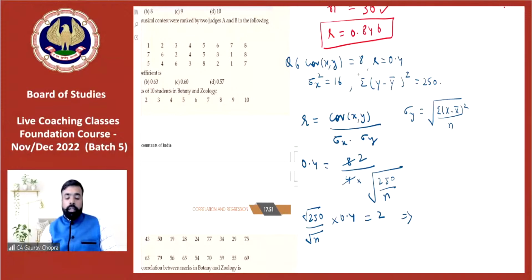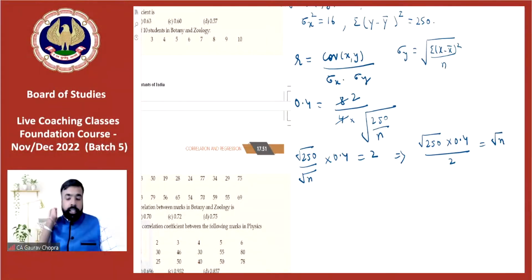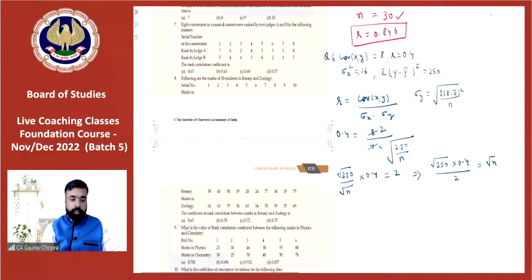Now from here we have to find the value of n. So root 250 into 0.4 divided by 2 equals root n. Now you can square both sides and get the result.